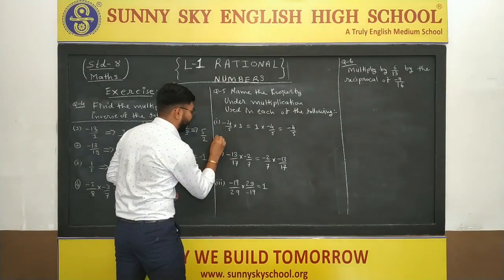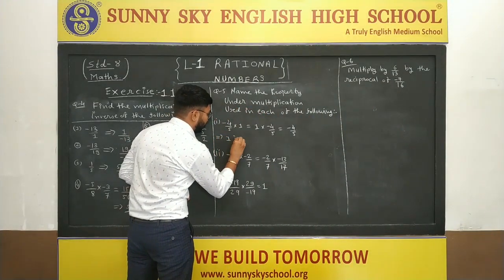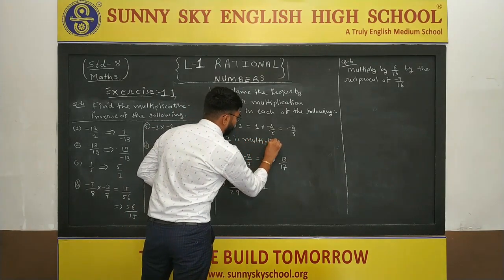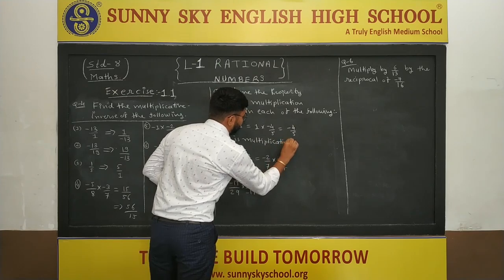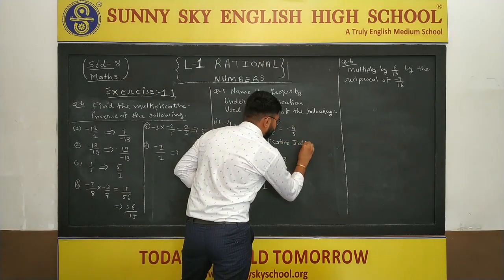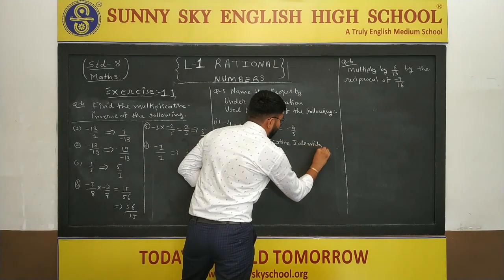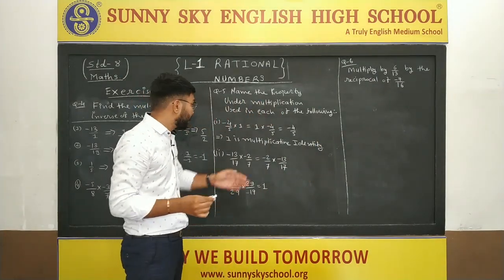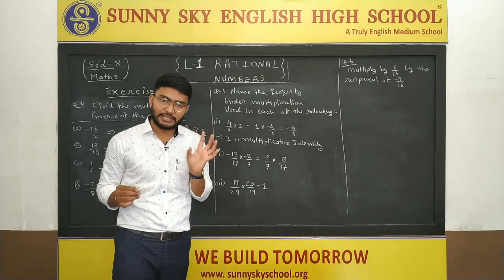This we write here: 1 is the multiplicative identity. It means if you multiply any number by 1, the answer is always the same number only.